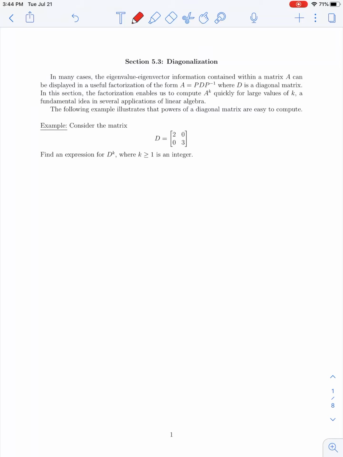Okay, in today's lecture, we're going to cover the first part of the section 5.3 material on diagonalization of a matrix.